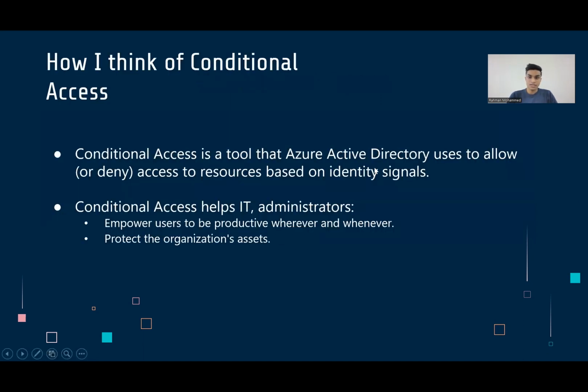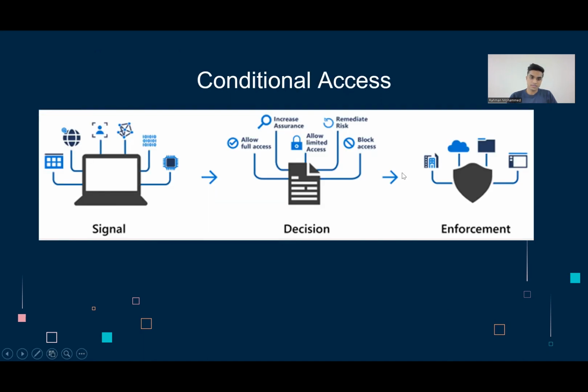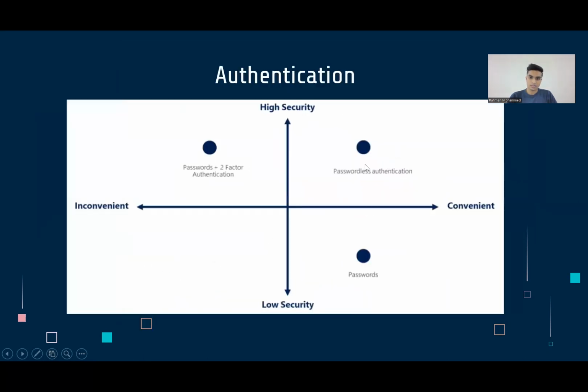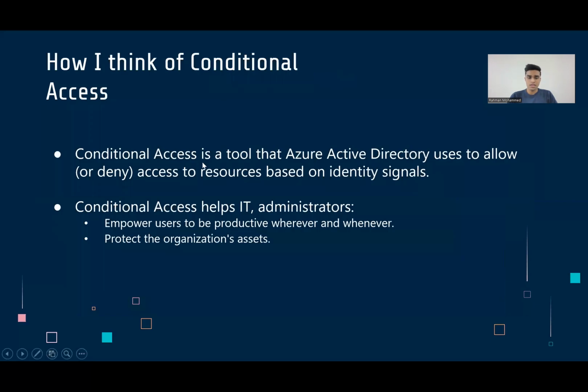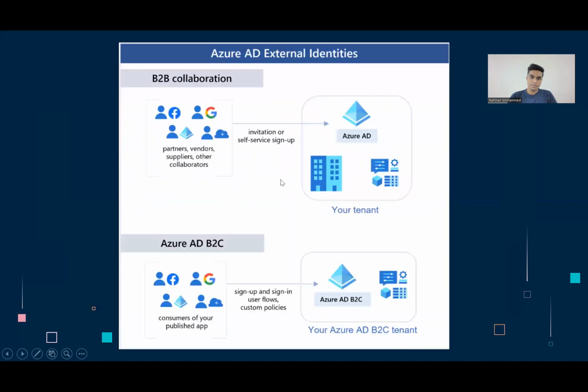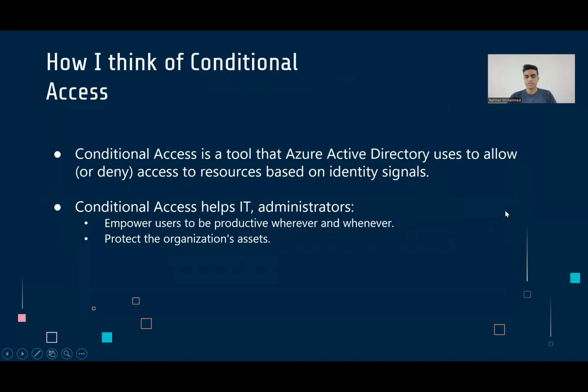So Azure's AD, it uses those identity signals because back here, it's passwordless authentication. It's just as secure as multi-factor authentication, but it's more convenient. And what it does is it allows access to the resource for the business or customer based on those identity signals.